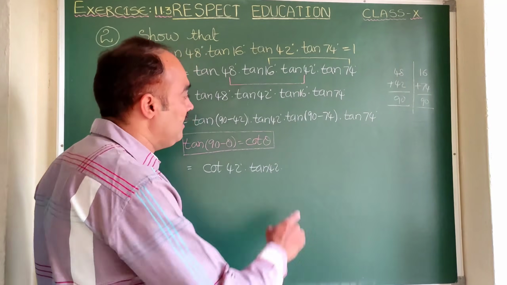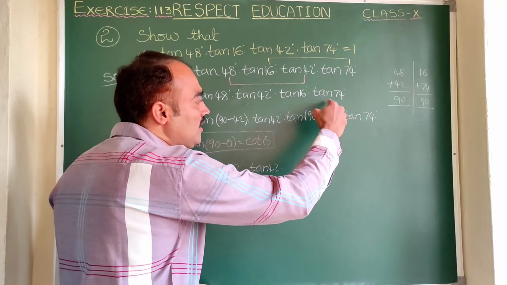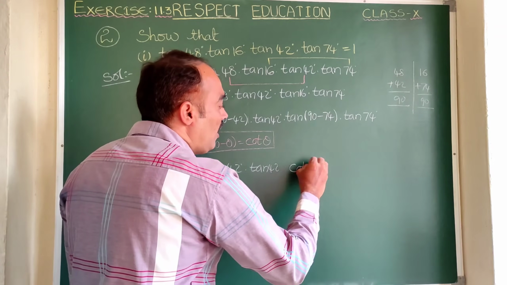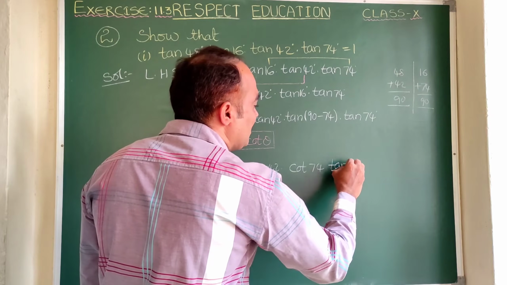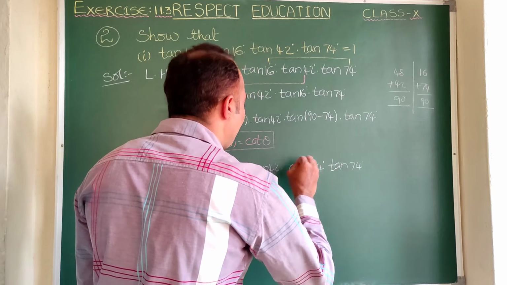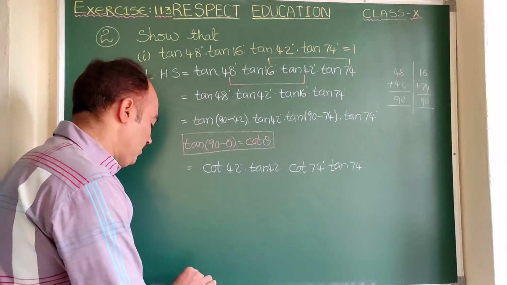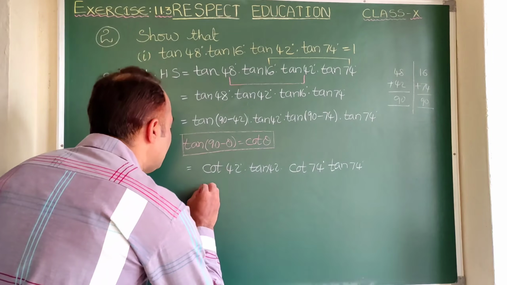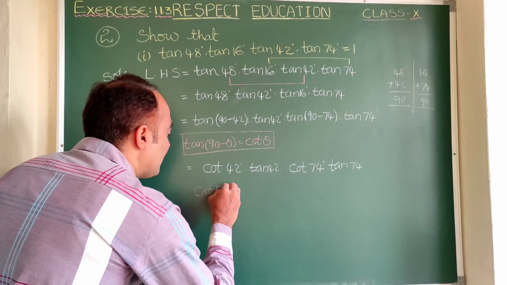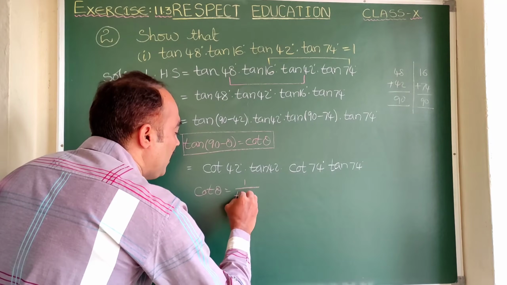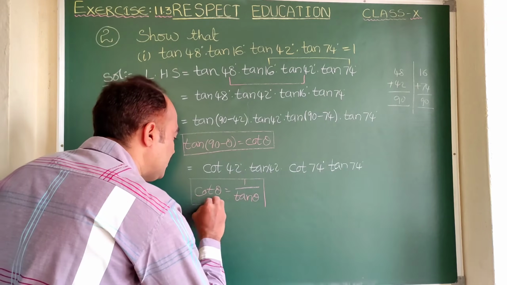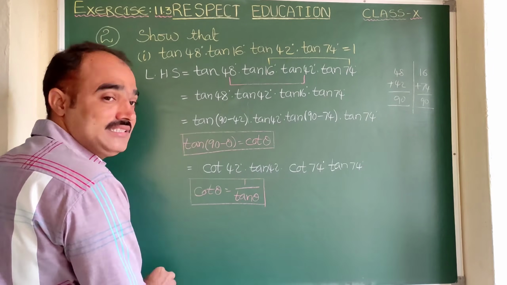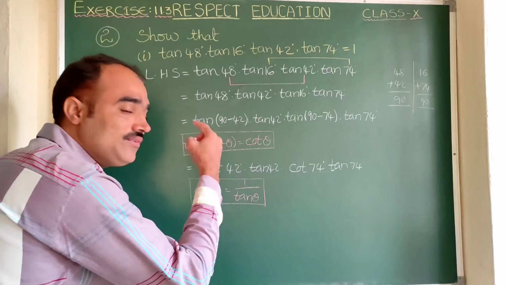Same way, tan of 90 minus 74 degrees can be written as cot 74 degrees, into tan 74 degrees as it is. Clear? Yes, sir. Now we are going to apply another formula, that is cot theta can be written as 1 by tan theta.